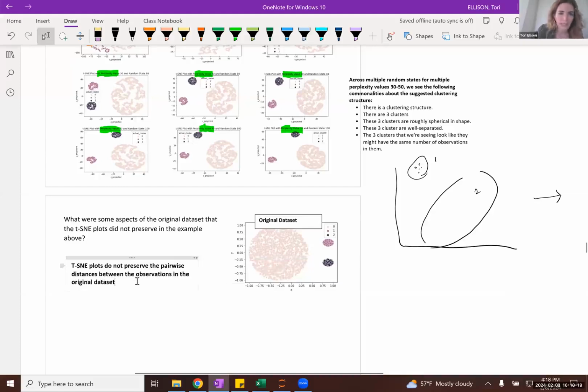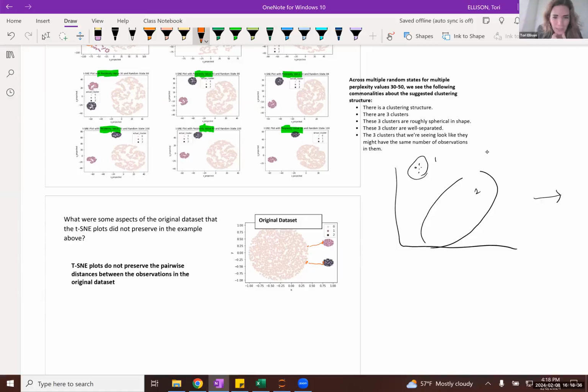Okay. So for instance, we do see here that this point here and this point here are about this distance away. And this point here and this point here are about this distance away.